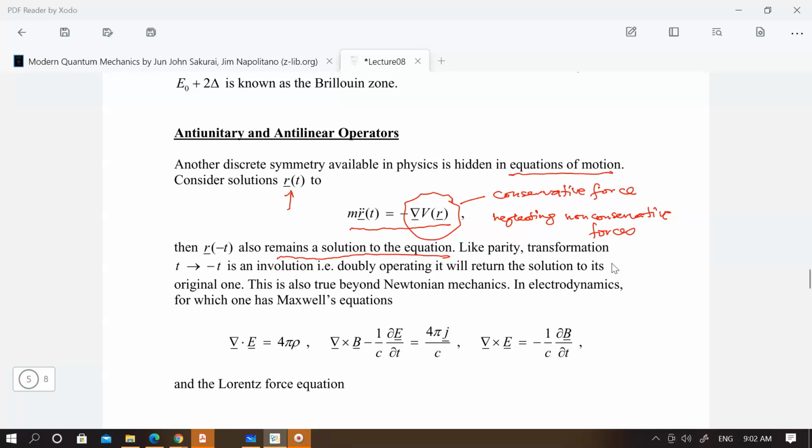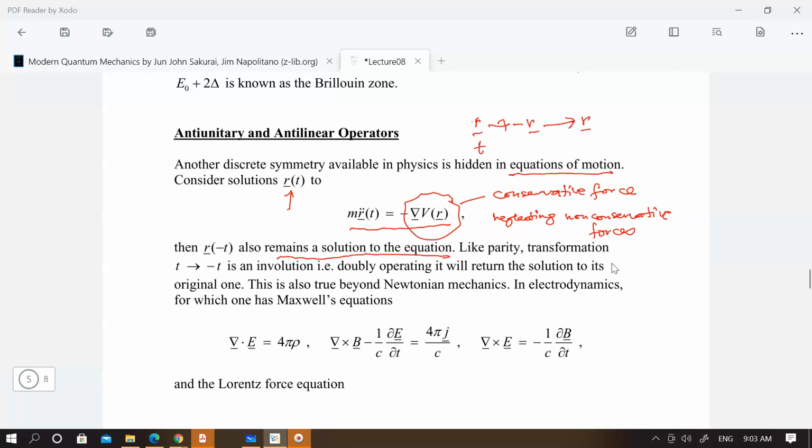The other thing that one should also remember is like the case of your space reflection, your parity. You change r to minus r, and then you do it again, and you get back to the original case.